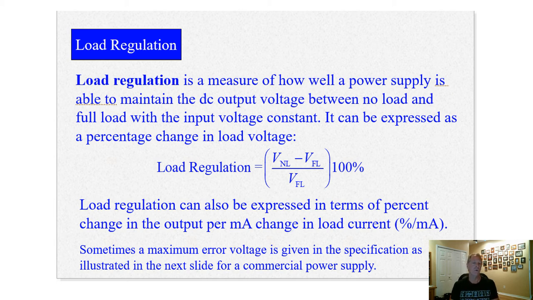Let's say it's a 5-volt, 1 amp voltage regulator. When drawing 1 amp, maybe you get 4.9 volts, or maybe you do get 5 volts, but under no load, you get a little higher than 5 volts. So you take the difference between those numbers and divide by the full load voltage times 100%, and that gets you your load regulation.